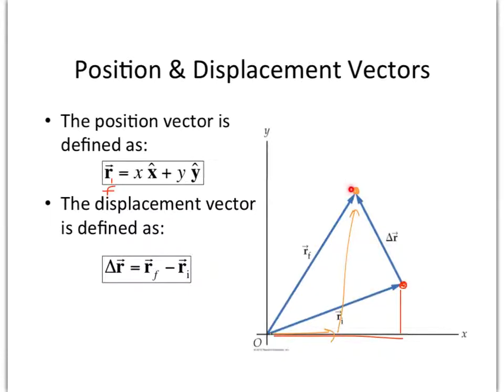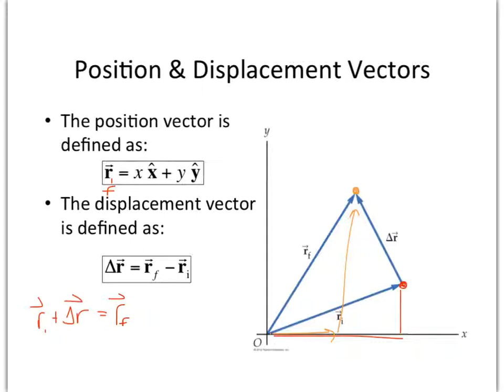So we can say that our initial, this vector right here, plus some change in position, plus delta r, results in, now notice this is not put tip to tail with the previous two, but it's actually going from the original origin. Vector r final is going from the origin to the final position that the object is at. So those two added together result in our final position vector right there.